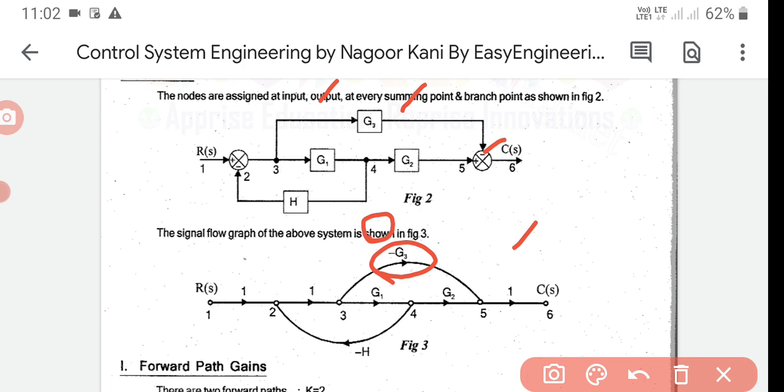And from branch point 4 to 2, we have the feedback gain value H. This H is given for the minus at the summing point, so we should represent the negative feedback gain as minus H, from 4 to the second node.